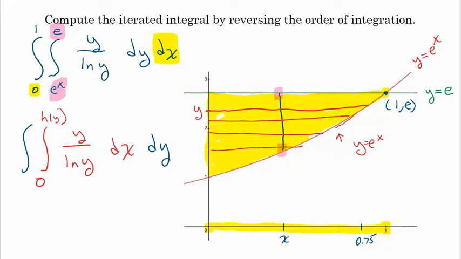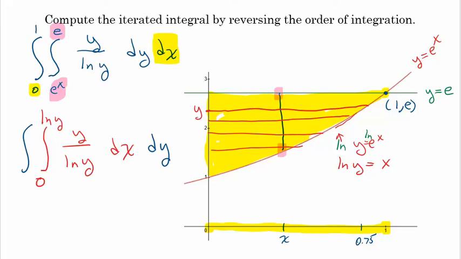Good job, I heard some of you say it. We're going to take the natural log of both sides, or rewrite it in natural log form. And you get natural log of y equals x. So our upper bound is the natural log of y.